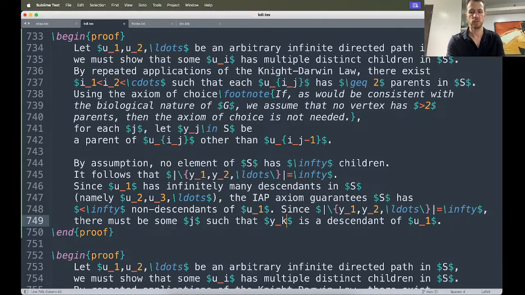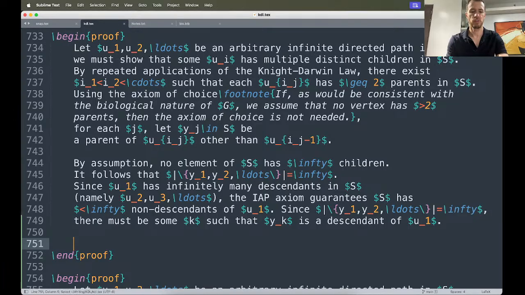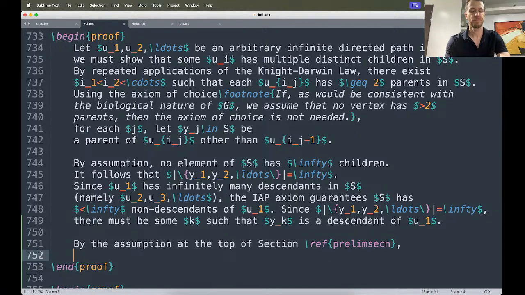Let's make that a k because we're talking about i's and j's up above. Now, by the assumption at the top of the prelim section, yk has less than infinitely many ancestors.